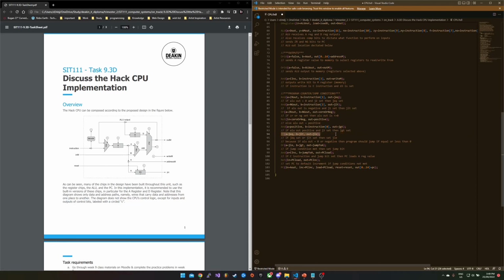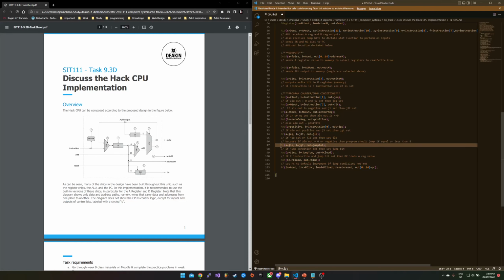So we've got another OR gate here, which is basically just checking if our jump if equal to bit is set, or if our jump if less than 0 is set, then obviously we can jump as it's less than or equal to 0.